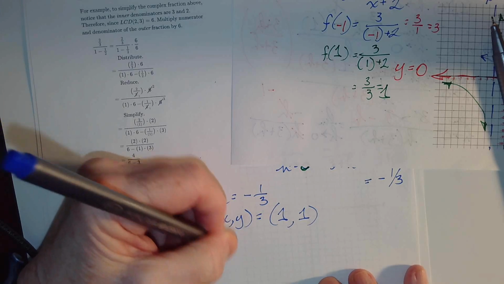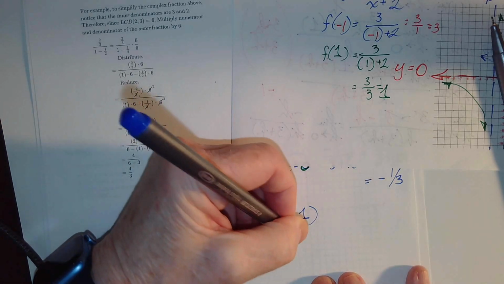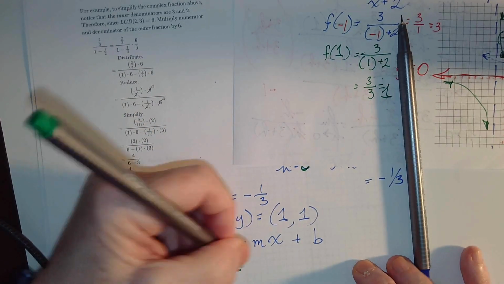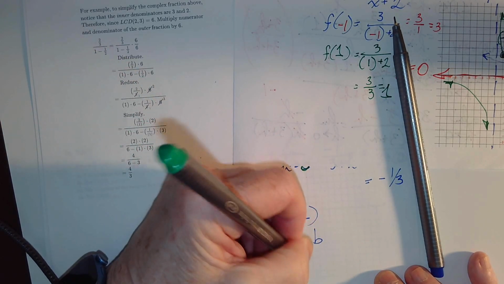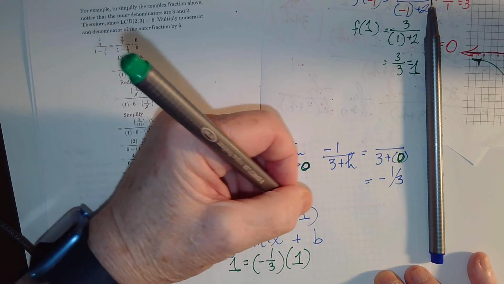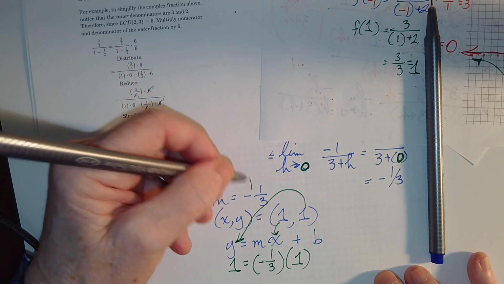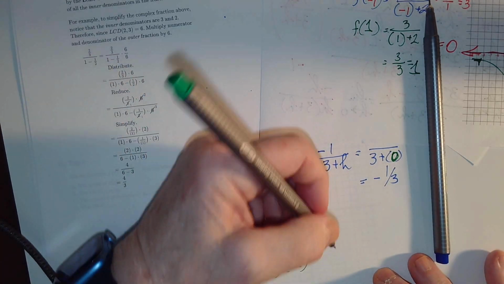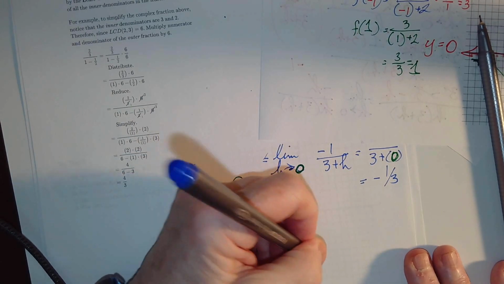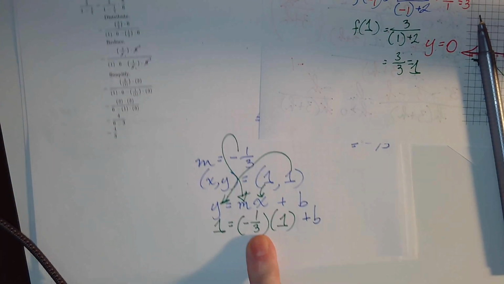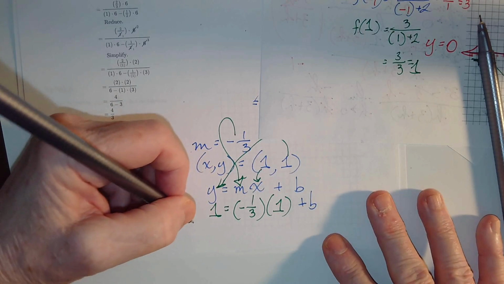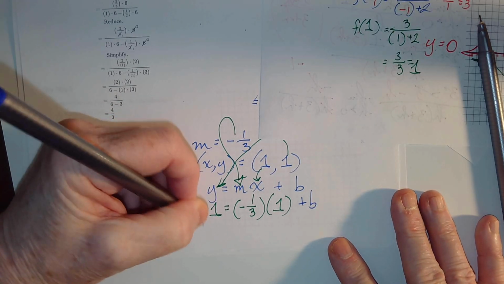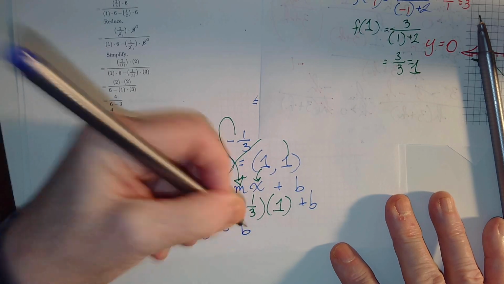So we get y equals mx plus b. 1 is equal to negative 1/3 times 1. x is 1, y is 1, m is negative 1/3, and we're trying to find b. Negative 1/3 times 1 is negative 1/3, and I'm going to add 1/3 to both sides, so that I get 1 plus 1/3 is equal to b.